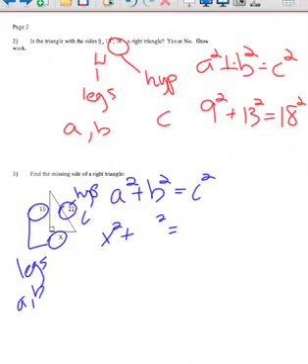So we will put 10 squared there equals 22 squared.